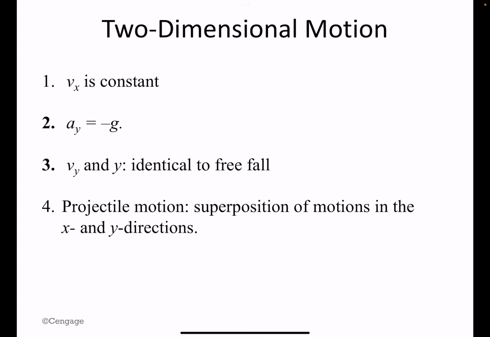The vertical component of the acceleration is equal to the free fall acceleration, g, pointing in the downward direction. 3. The vertical component of the velocity and the displacement in the y direction are identical to those of a free fall body. 4. Projectile motion can be described as a superposition of two independent motions in the x and the y directions.